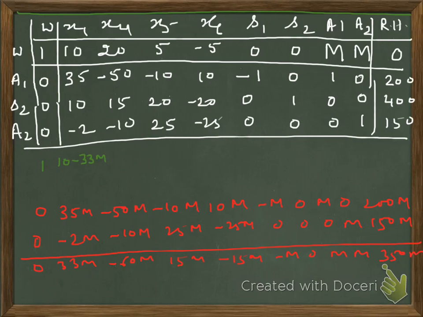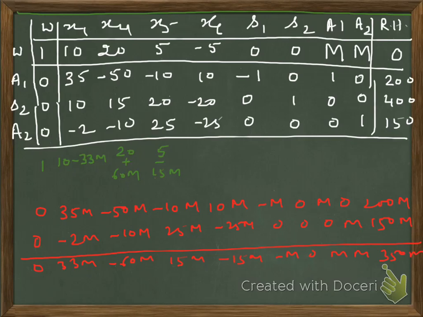Then 20 minus 60m will be 20 plus 60m. Then 5 minus 15m will be 5 minus 15m.